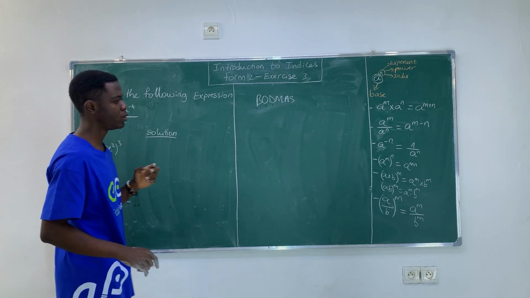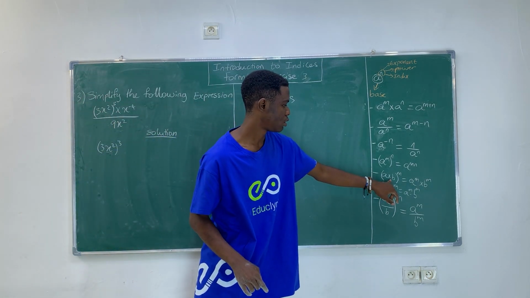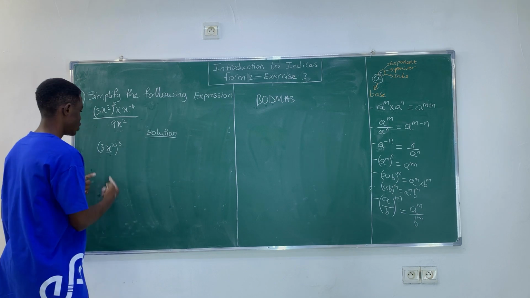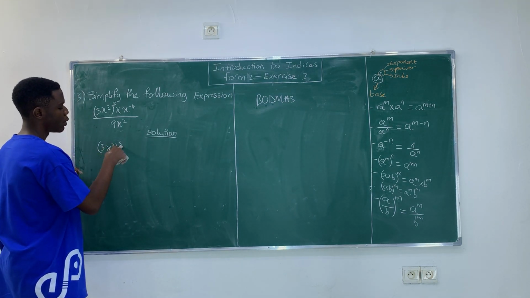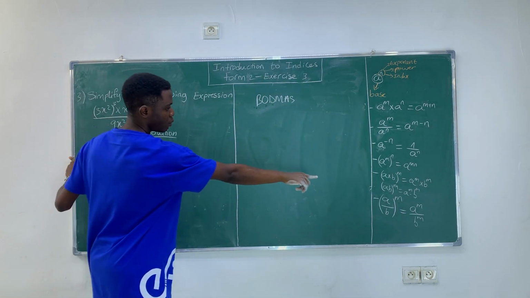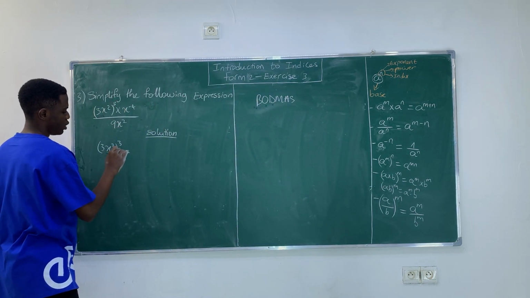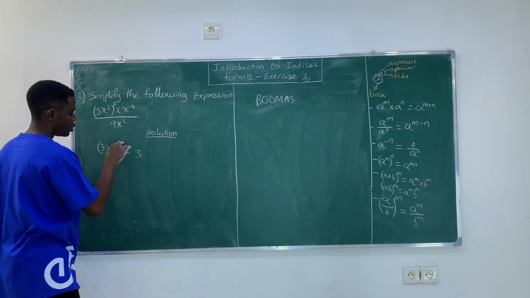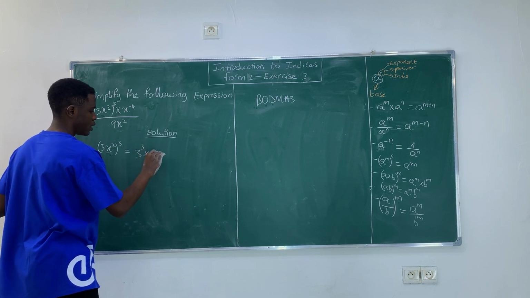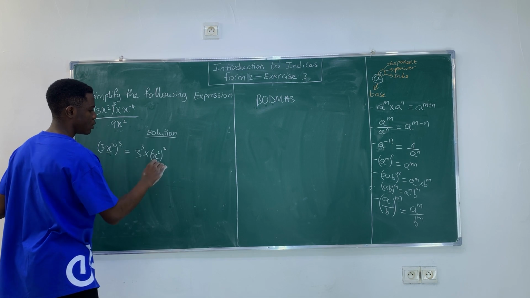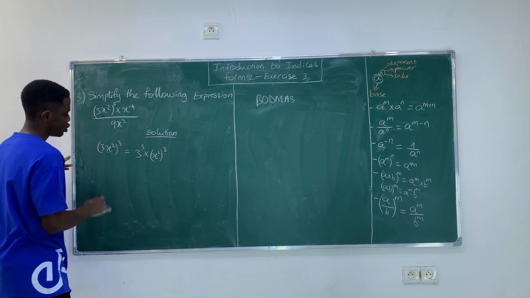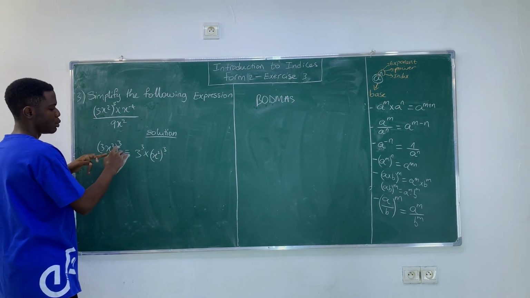So all you do first in this one, because both of them are to the power 3, is this will be equal to 3 to the power 3 times x squared all to the power 3. You put this power 3 on the 3 and this power 3 on the x squared.